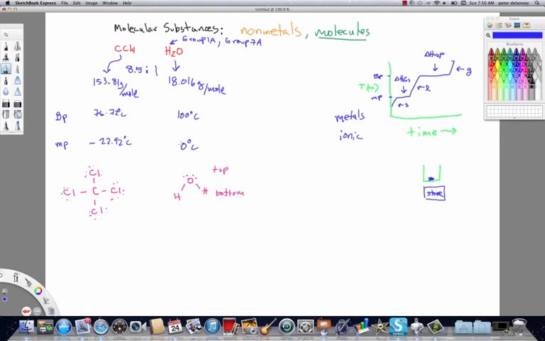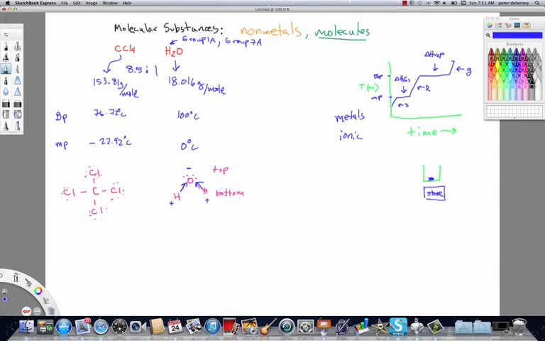Right, and I can kind of show that this way. I'll make this bond into an arrow. So the electron density is pulled towards the oxygen. The net result is that there's going to be what we call a negative partial charge on the oxygen, and there's going to be positive partial charges on the hydrogens.